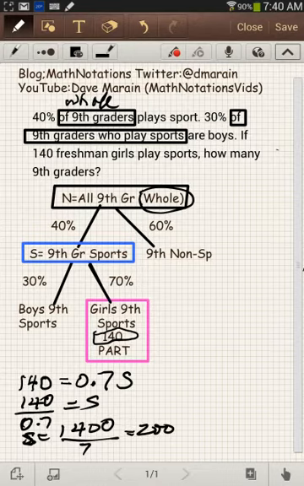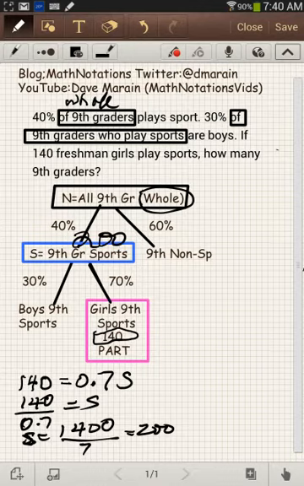All right, we've climbed back up now. We now know that the blue box, this part, which is for the beginning of the problem, the whole, consists of 200 students. So we'll put 200 here.